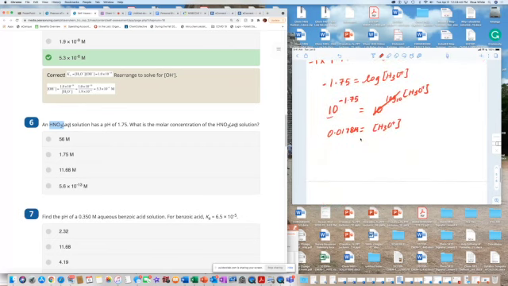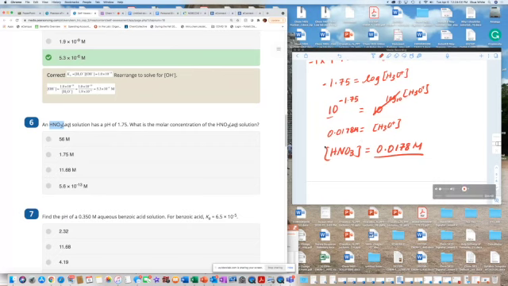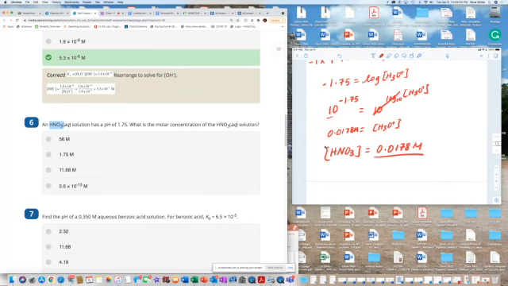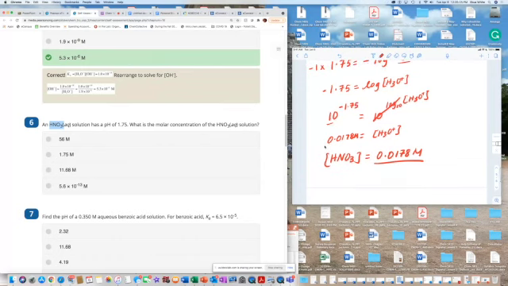So nitric acid concentration is 0.0178 molar. Okay, because it's a strong acid, you can do that direct conversion. Okay, now I'm looking at this. This is a pH.